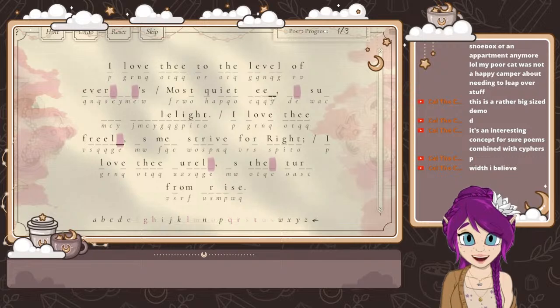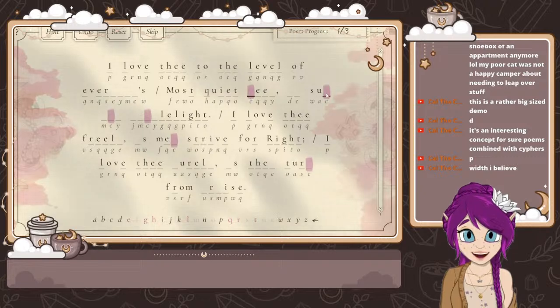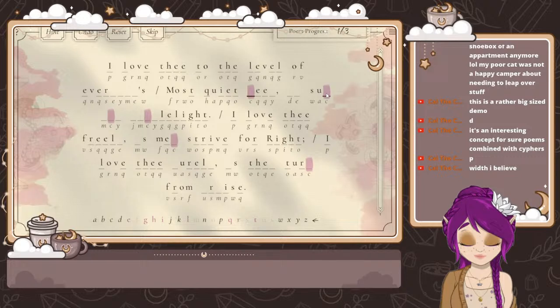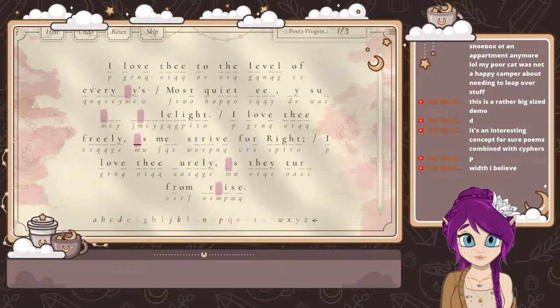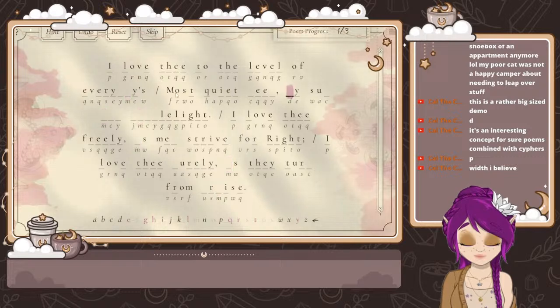Most quiet... Freely? Every... I know this word, but I'm blanking. Is it my?